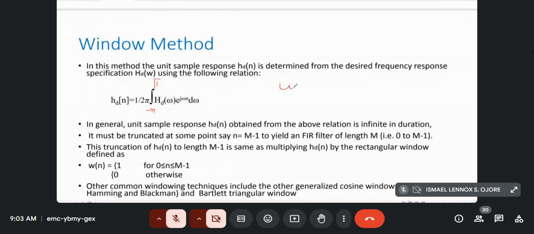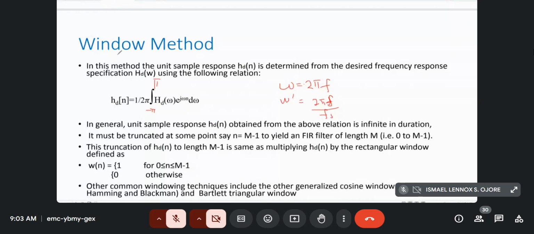So omega is equal to 2 pi f, while the normalized omega is 2 pi f divided by fs, the sampling frequency.